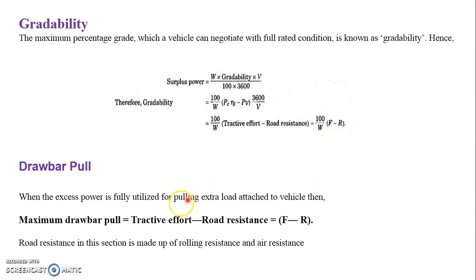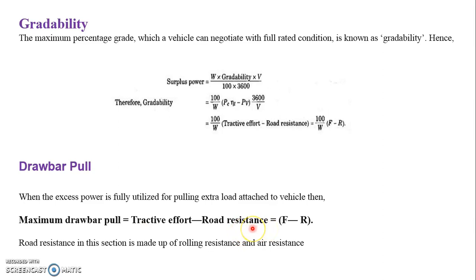Next, we see the drawbar pull. When excess power is fully utilized for pulling extra load attached to the vehicle, then the maximum drawbar pull is equal to tractive effort minus road resistance.